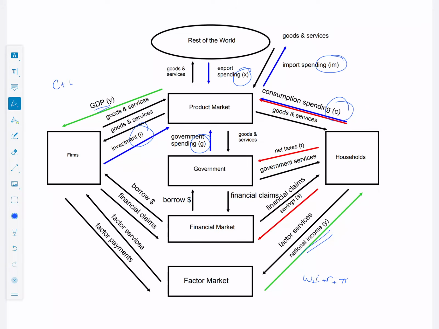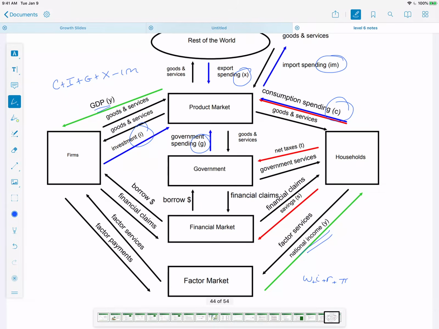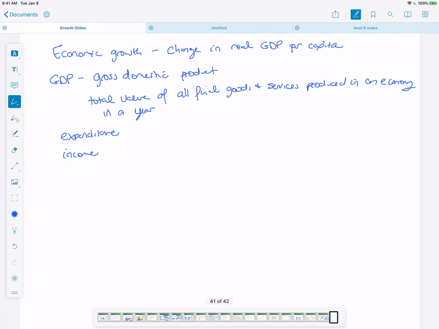So we measured the size of the economy as C plus I plus G plus X minus IM. The income approach measured it as wages, interest, rent, and profits. So we can measure the size of our economy in 2 different ways.